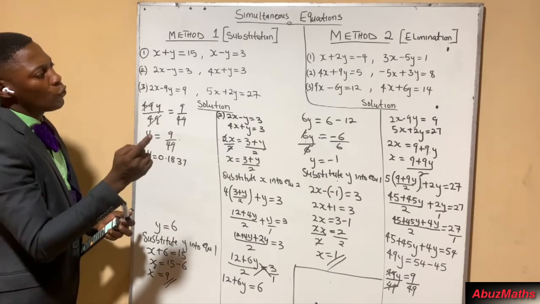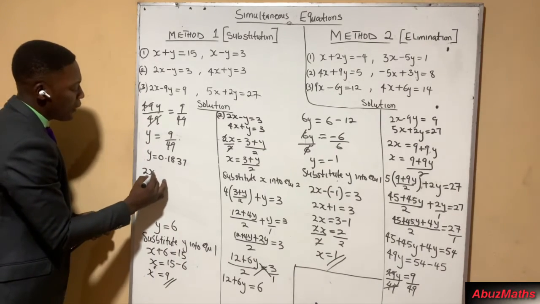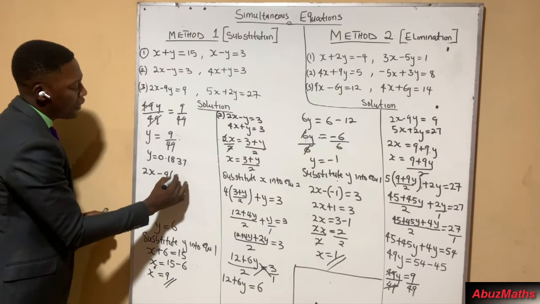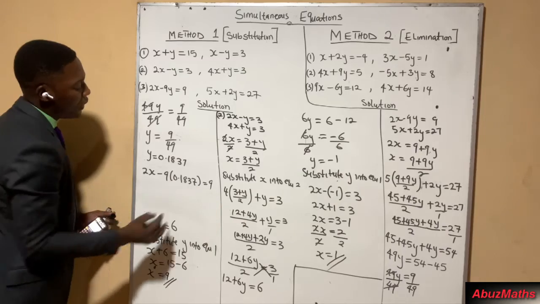And equation 1 says 2x minus 9y is equal to 9. So 2x minus 9 into bracket 0.1837 is equal to 9.